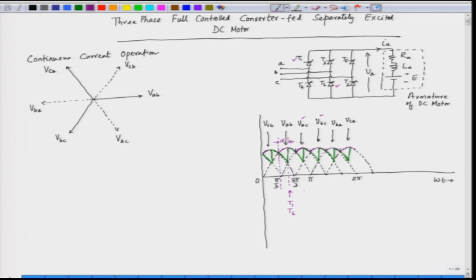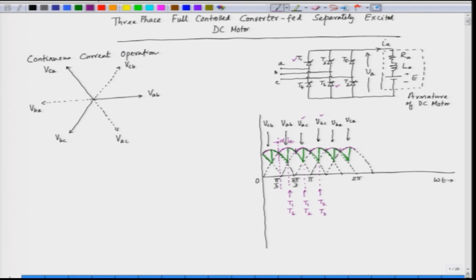At this instant we trigger SCRs here, VAC is the maximum, so this is T1 and T2. And at this instant VBC is the most positive voltage, so in this case we trigger T3 and T2. So, this is T2 T3.